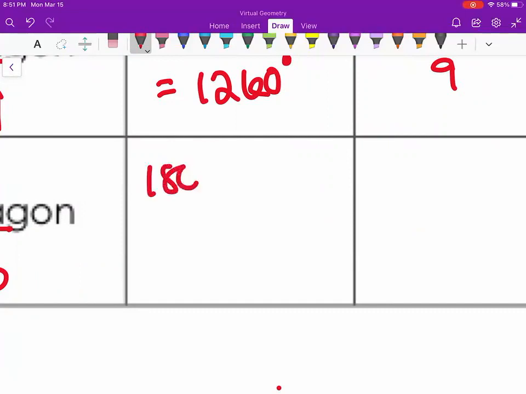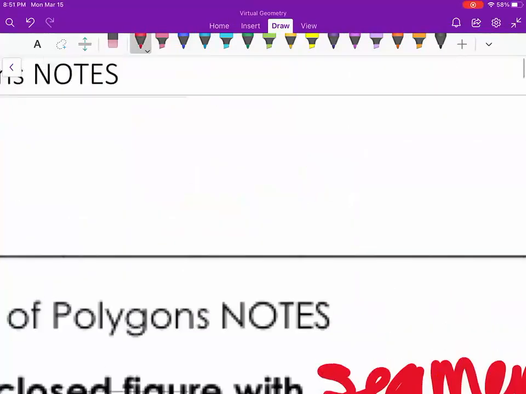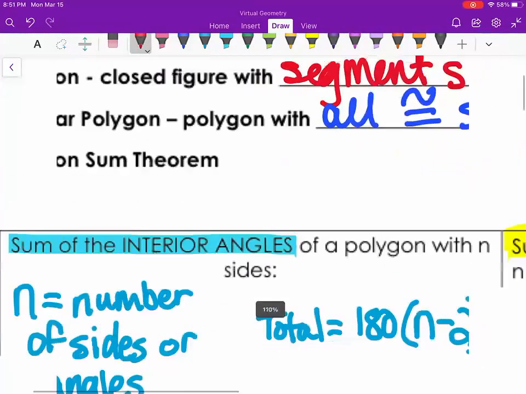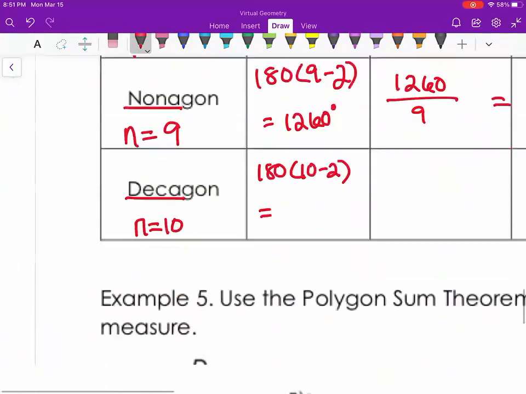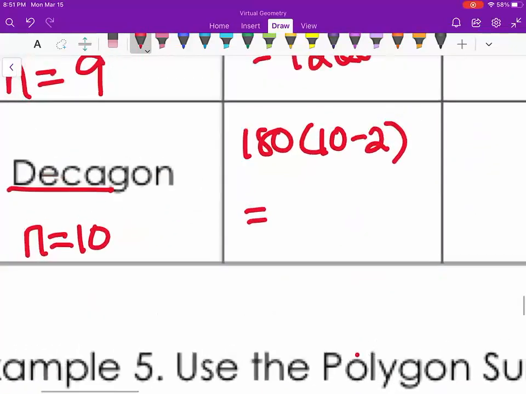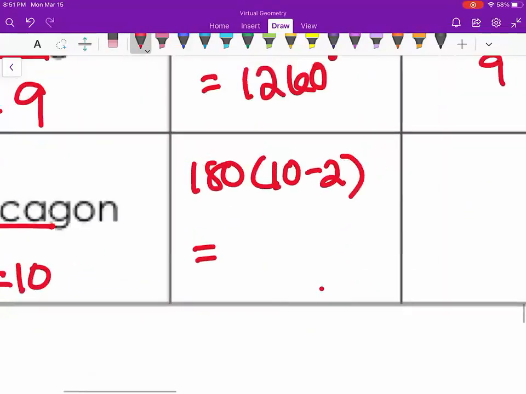All right, so 180 times 10 minus 2 means that the total for a decagon, for its interior angles, is 1,440 degrees.